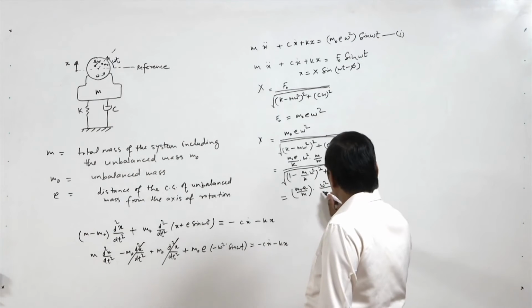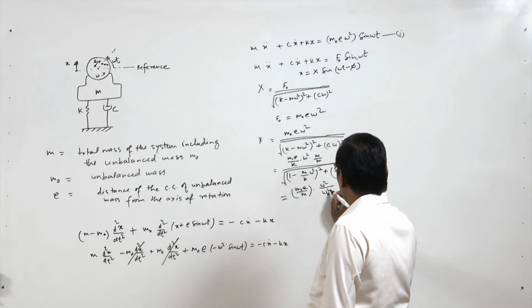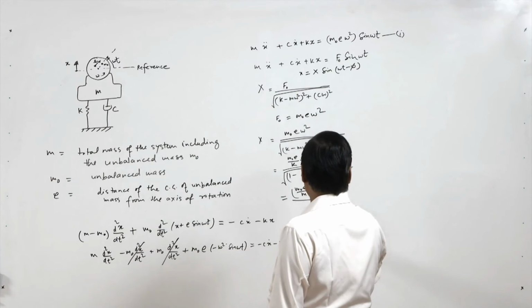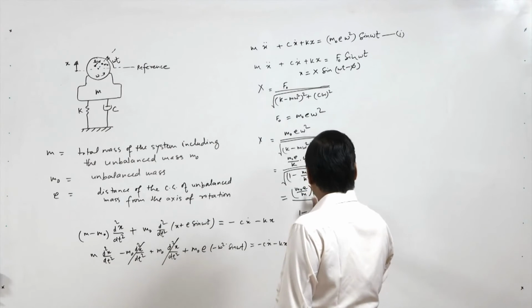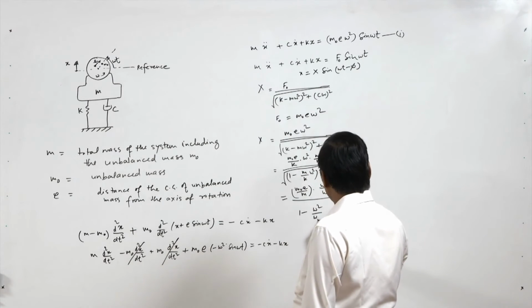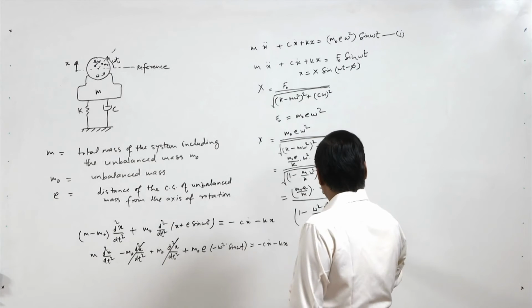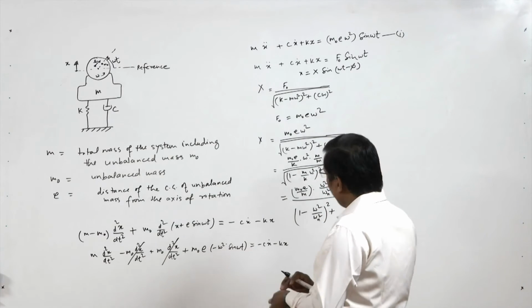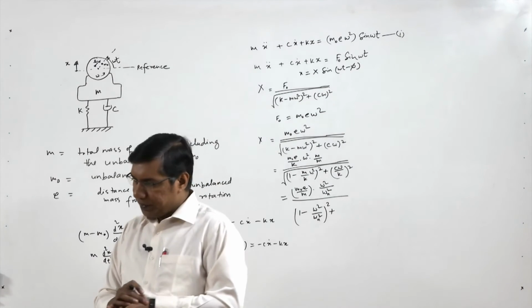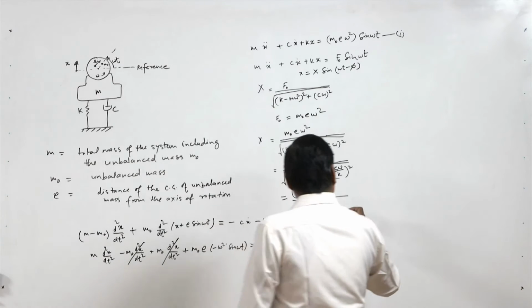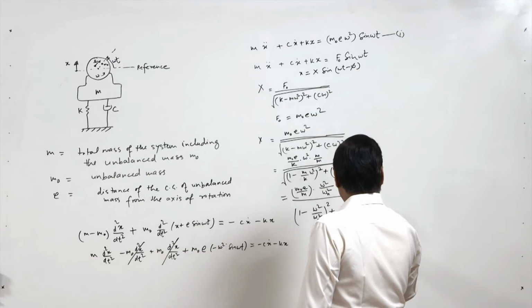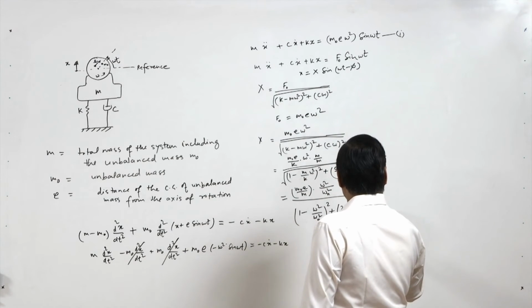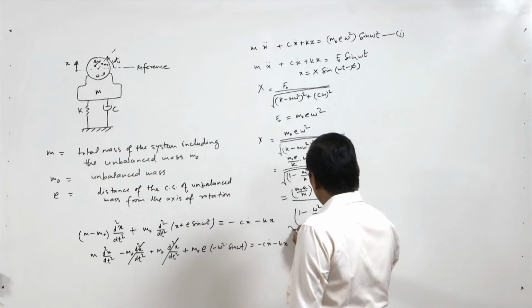So k by m is nothing but natural frequency square, omega n square, upon the square root of 1 minus omega square by omega n square whole square plus c omega by k, which we have already derived, that is 2 zeta omega by omega n, whole square.